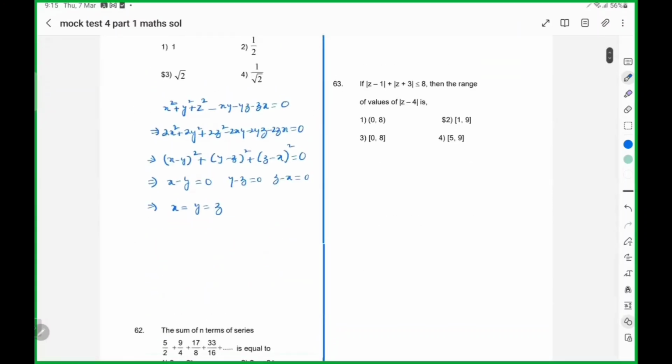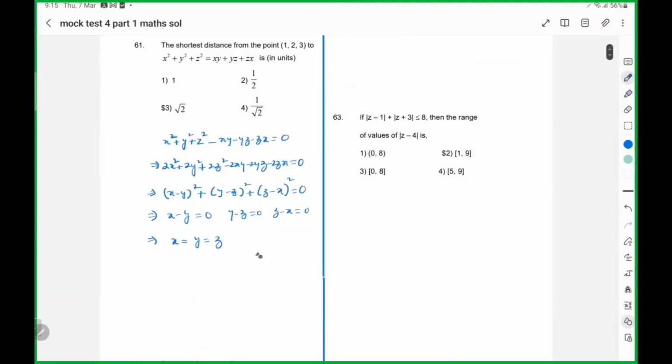So here, the shortest distance from the point to the line, here you take the point as (1, 2, 3). Shortest distance is nothing but the perpendicular distance. Any point on this line, I can write as (r, r, r). So AB DRs are r − 1, r − 2, r − 3.